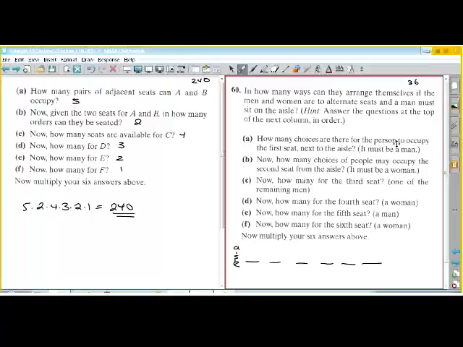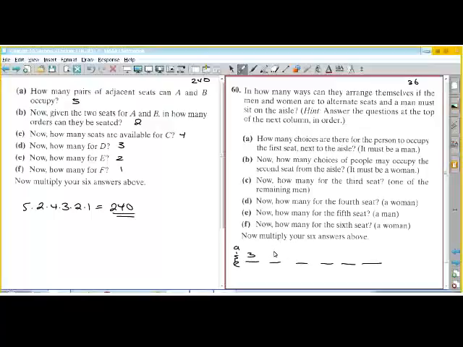That's that one. It must be a man. So before, when we did the first problem, when we didn't have any restriction on sex as far as the first seat, we said there were 6 choices. In this case, there are 3 choices because it has to be a man. Then you go to the next chair. Well, if it's man, woman, man, woman, man, woman, the next one has to be a woman.